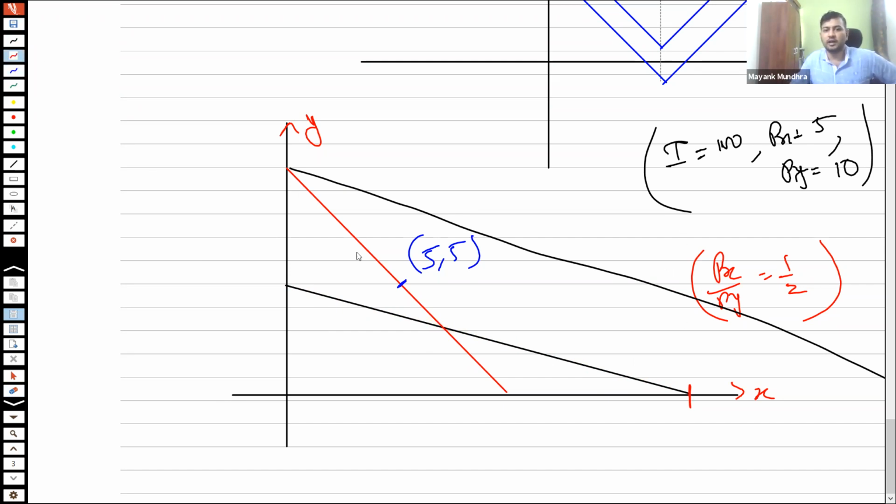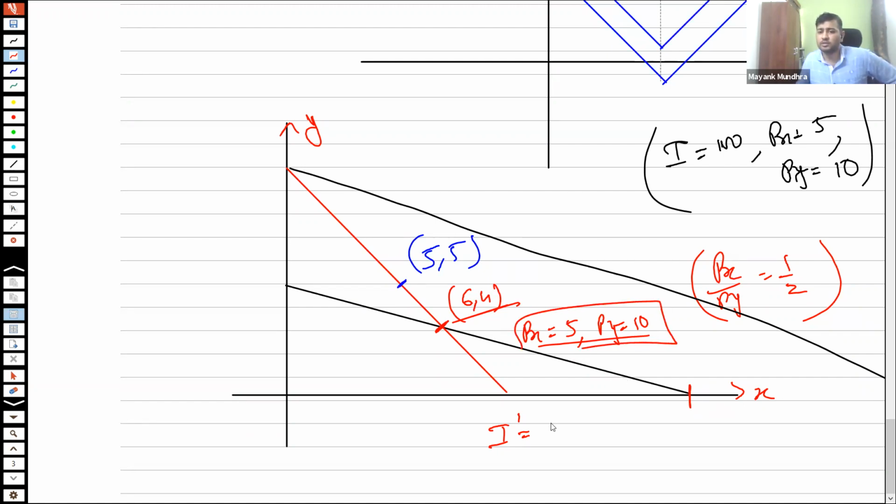For that, I know this point. This point is 6,4. I know Px by Py is equal to half, so Px equals 5 and Py equals 10. Just substitute this to find the hypothetical income on which a customer would satisfy this particular budget line for this level of prices.